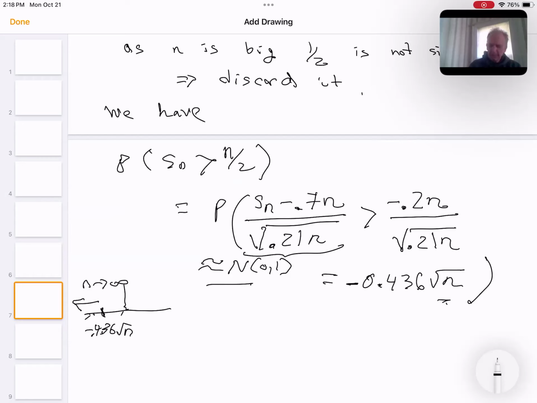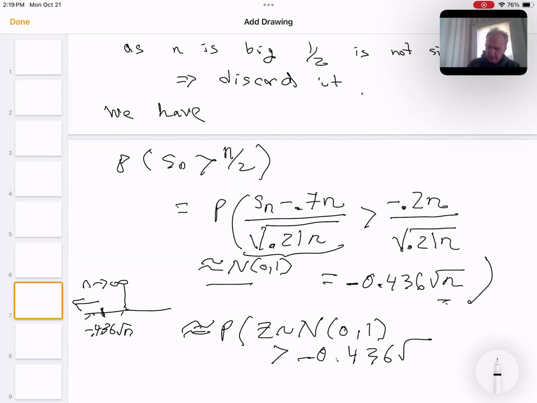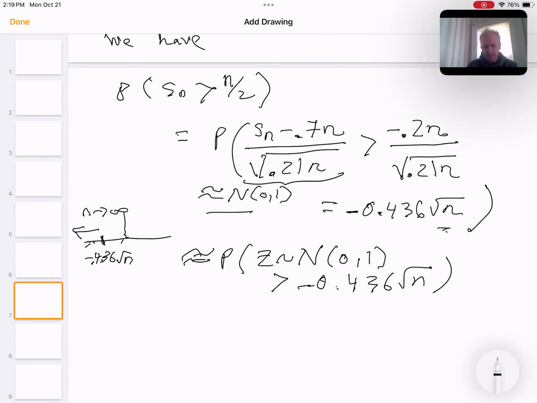So take a pause here. This is approximately equal to the probability that Z, you really want to make it clear, normal 0, 1, is greater than minus 0.436 square root of n. And now you can see if n is big enough, this can be any number up to 1, basically.